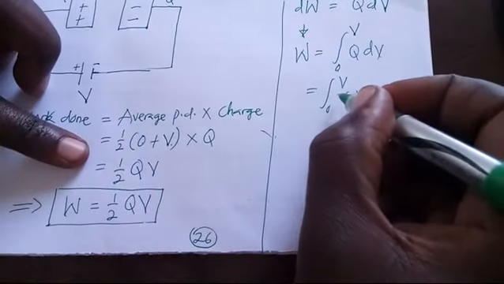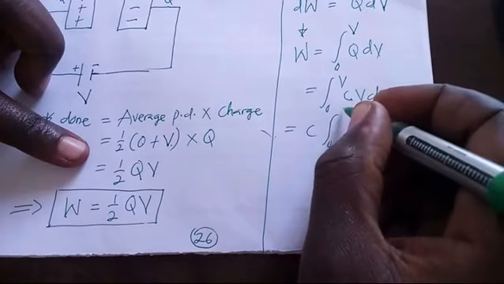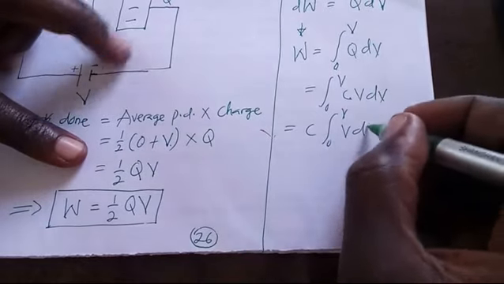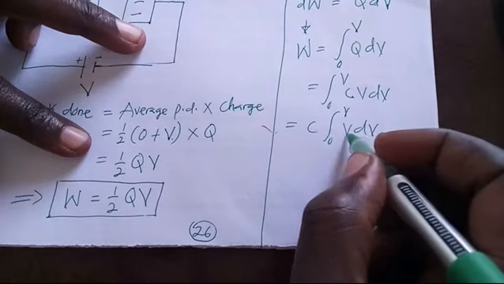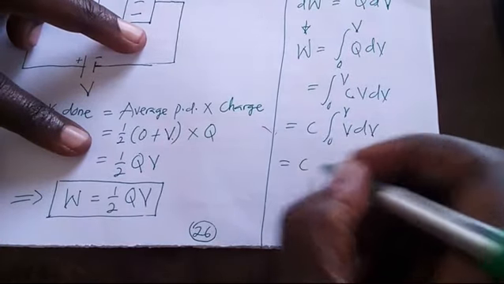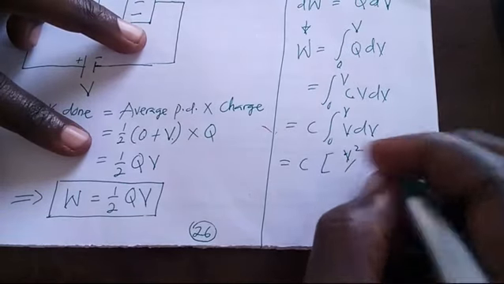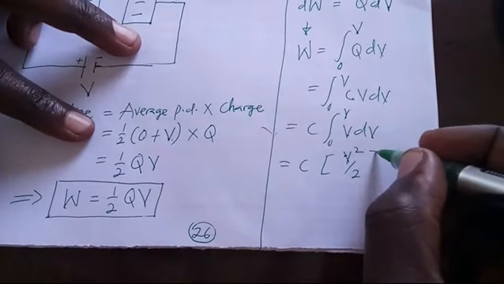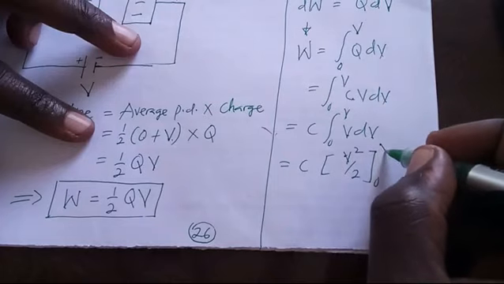Now C is a constant, bring it out of the integral, then you have from 0 to V, inside you have V dV. If you integrate V with respect to V, you have V squared over 2. So this is equal to C into V squared over 2, with the lower limit 0, the upper limit V.